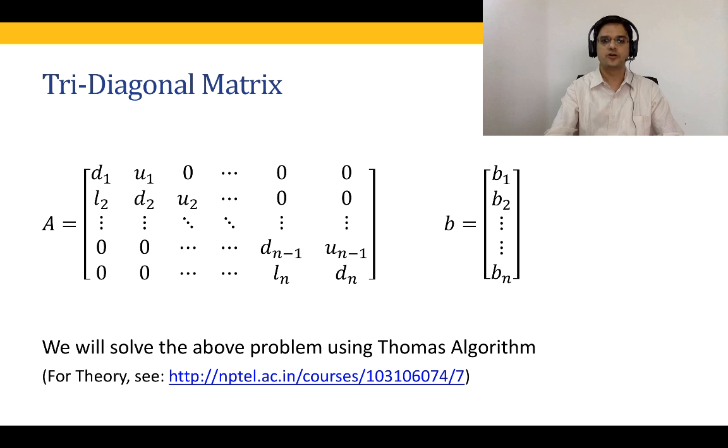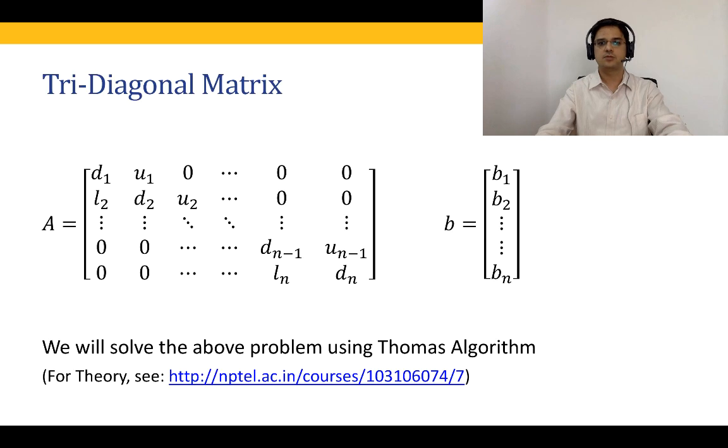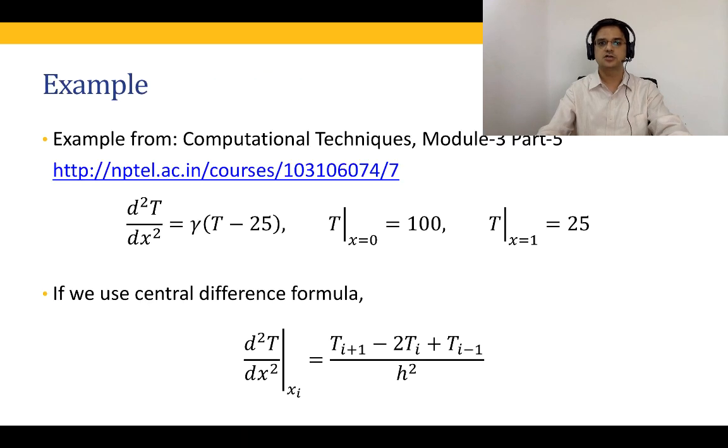What I would put as an exercise for you is to do the same problem but with a larger number of examples, and that is the first problem. The second problem is to solve the exact same problem that we have done in this lecture, but using the Gauss elimination method.